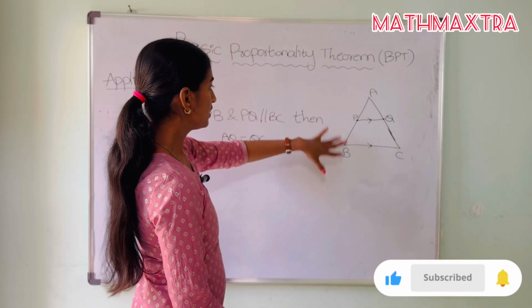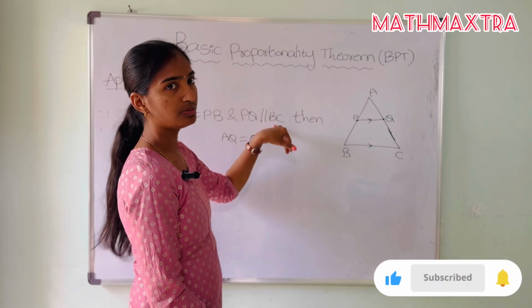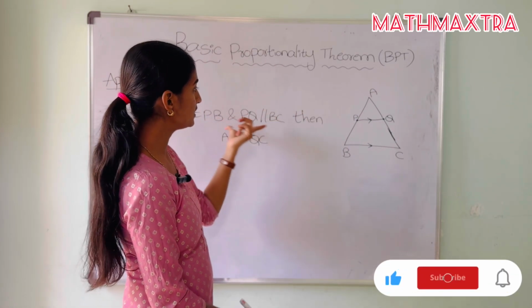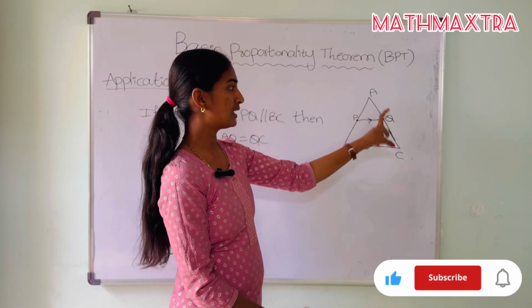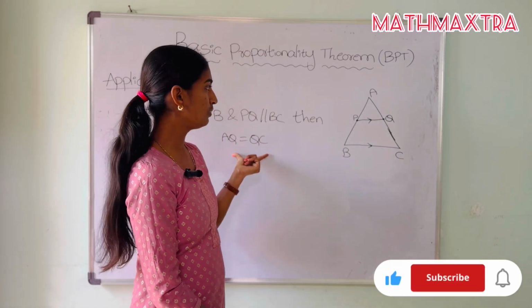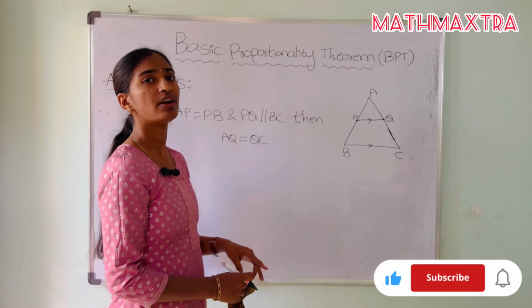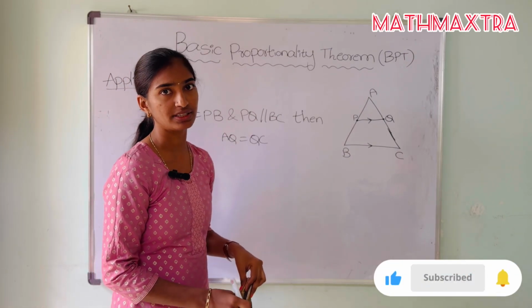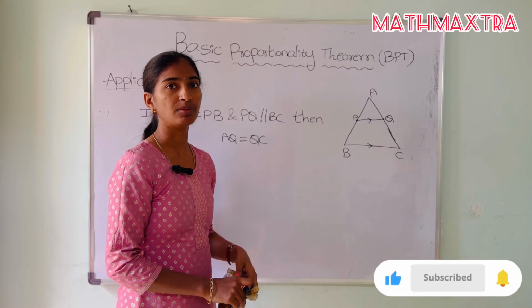So from this, if we draw a parallel line to BC, nothing but PQ is parallel to BC. So these are the given conditions. What we are getting? We are getting that it cuts exactly the midpoint of the other side AC, which is AQ equal to QC. These are the four results we have obtained from the basic proportionality theorem, and these statements are very important. Try to remember.